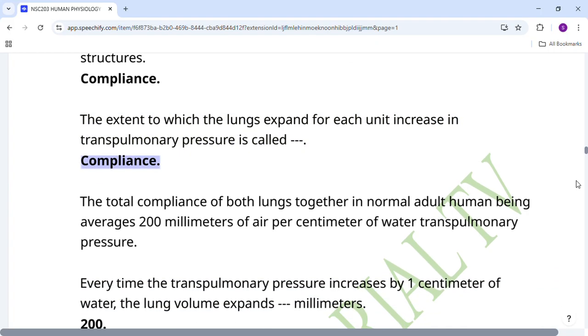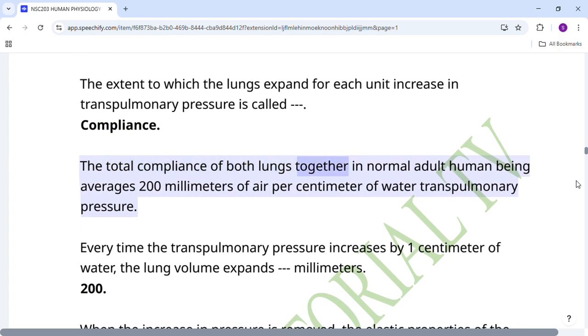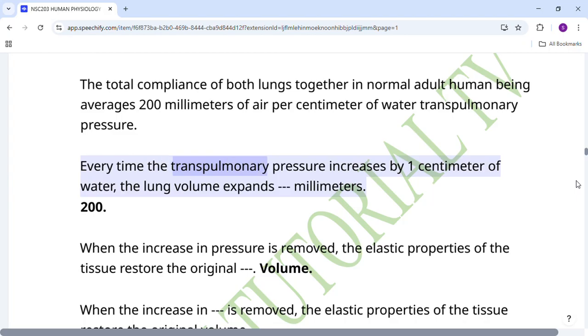The total compliance of both lungs together in a normal adult human being averages 200 mL of air per centimeter of water transpulmonary pressure. Every time the transpulmonary pressure increases by 1 centimeter of water, the lung volume expands 200 milliliters.